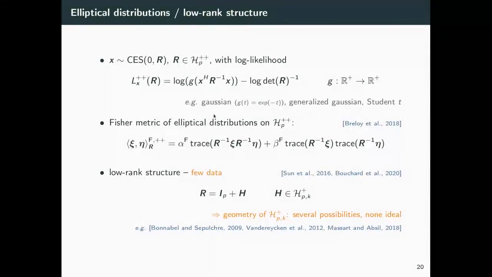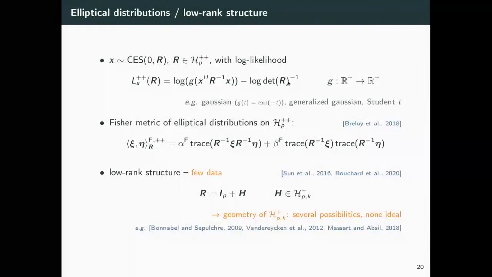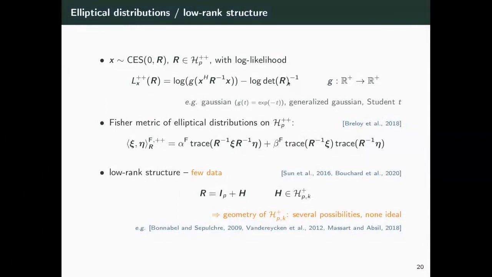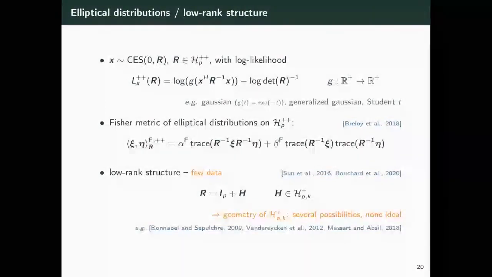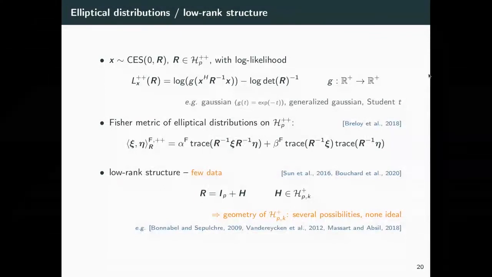So for example, if we take this formula, we have the Gaussian distribution, but we can also consider other distributions, such as the generalized Gaussian, the Student's, the K distribution, and others. And for all this class of distributions, the Fisher metric on the set of positive definite matrices is given by this formula here.